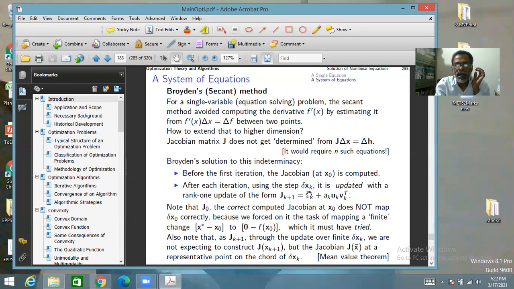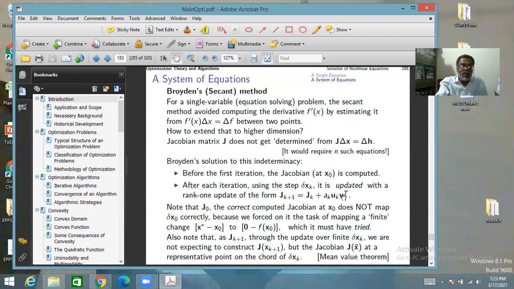This whole thing is a matrix, but ak is a scalar, uk is a column vector, and vk transpose is a row vector. When you multiply that, you get a matrix of size n by n, but its rank is 1. That means its information content is very little. You can represent an n by n matrix with two vectors and a scalar. For that matter, just two vectors, because this scalar you can include either in this or in that.